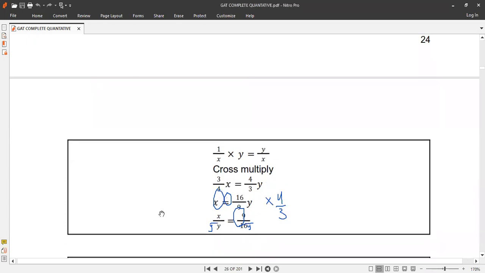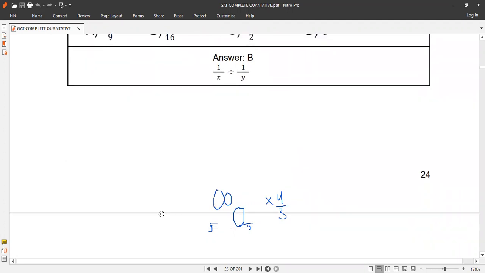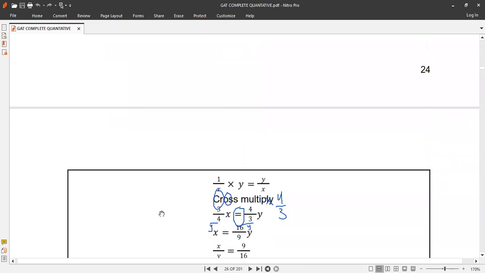But what they want, 1 over x divide 1 over y. So I need to flip it.